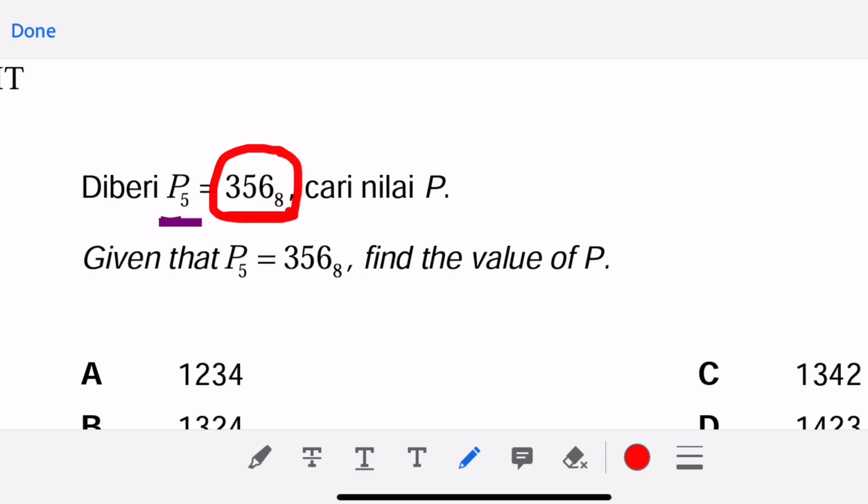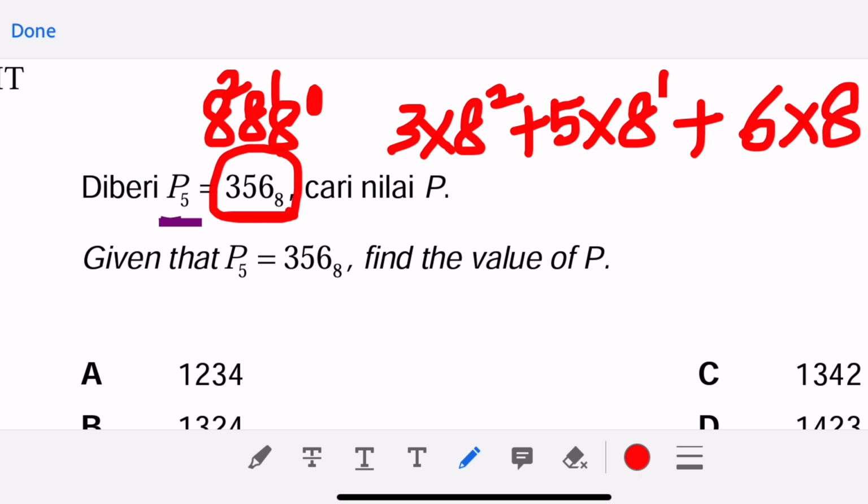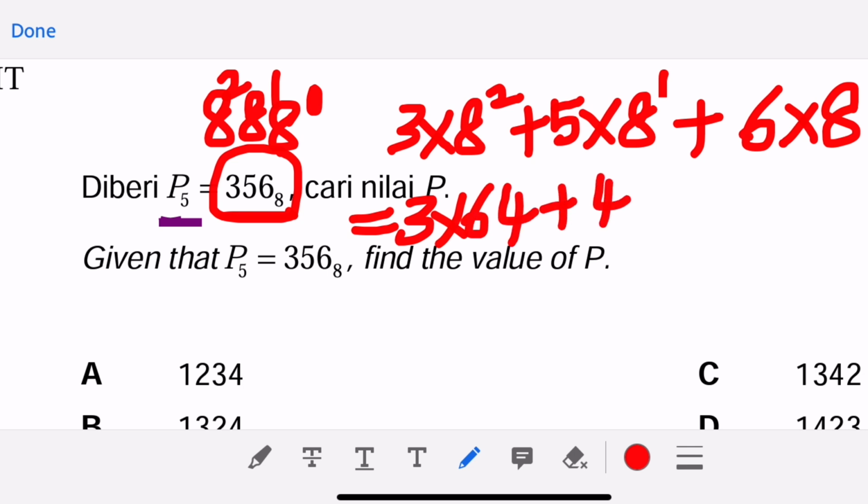Since the number given is base 8, you can actually press into your calculator to get a number which is base 10. I will try to show you how to get the number in base 10. So normally we will label the base. So it's 3 times 8 to the power of 2, plus 5 times 8 to the power of 1, write the number carefully, and 6 times 8 to the power of 0. This is power, okay? So it's 3 times 64 plus 40 plus 6 times 1, not 8.